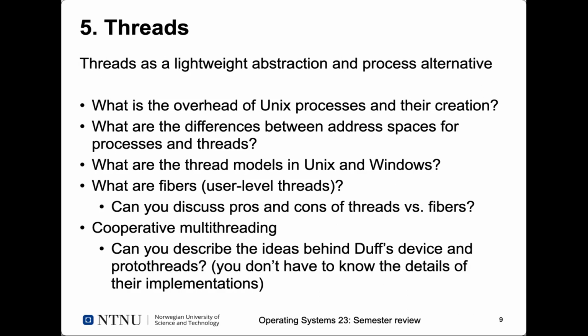And we've also talked about cooperative multi-threading. So the ideas behind what we showed, Duff's device and the proto threads, you don't need to know the details of their implementation, but the general idea and of course the difference between cooperative multitasking or multi-threading and the preemptive way, that's important to know.